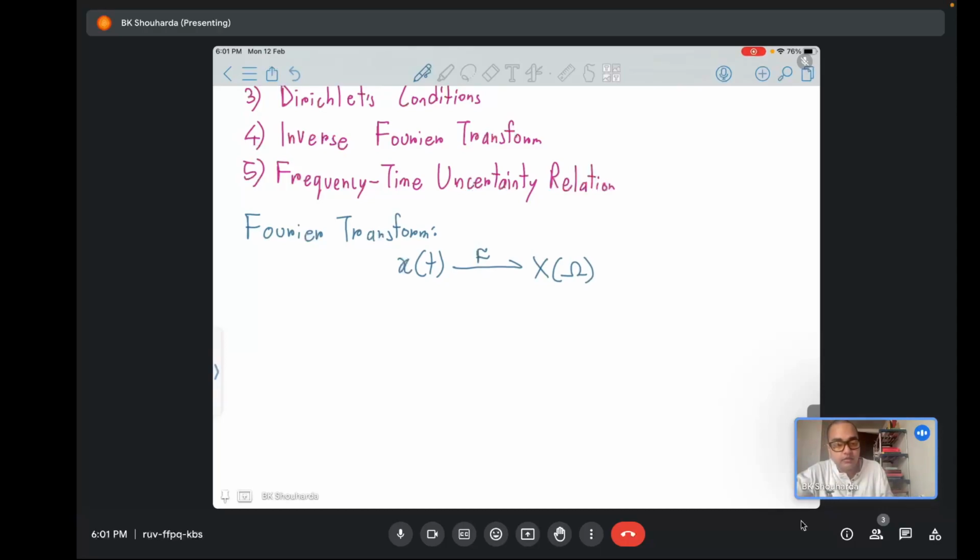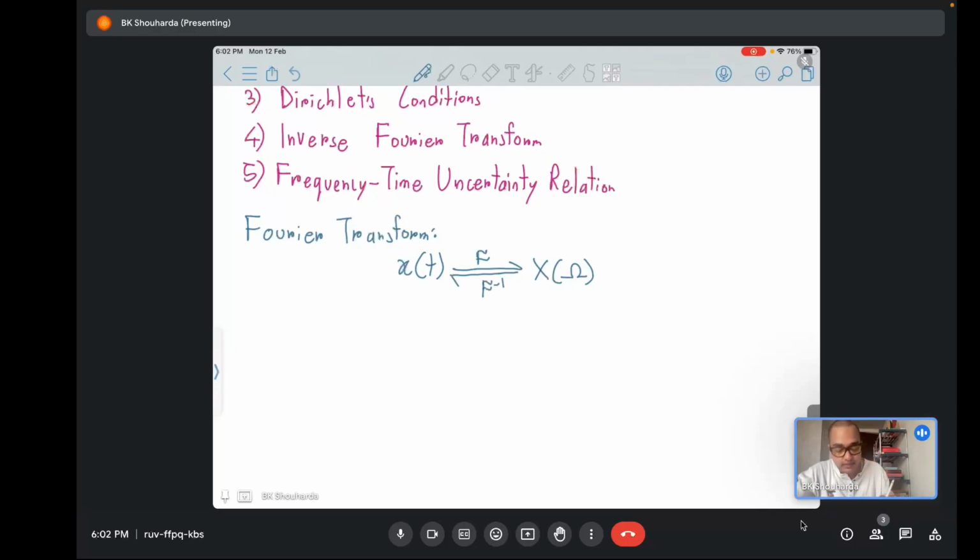Although we are using small omega in the lectures, I shall be using capital omega because in the upcoming lectures in later weeks we will see where the small omega is used, and to avoid that confusion, I'll use capital omega from the beforehand. And they form a Fourier pair.